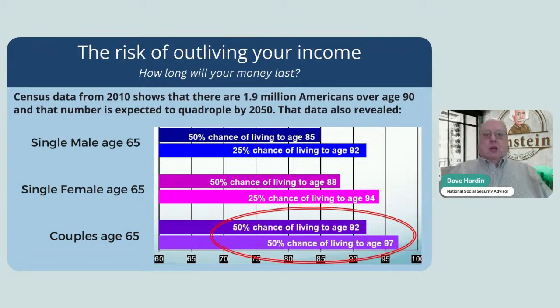But you have a 25% chance of living to 92. 1 out of 4. If you're a single female, 50% chance you're living to 88, and a 25% chance you're living to 94. And if you're a couple, two people who love each other, it's all it takes.